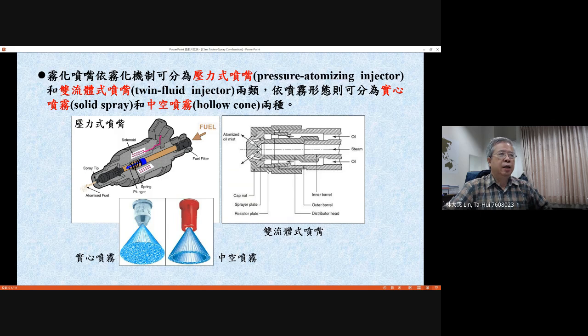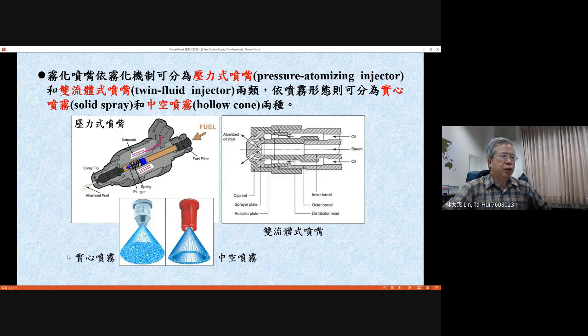These are two typical injectors you may learn. One is the pressurized injector, the other one is the twin fluid injector. However, when you have a spray coming out based on the injector you choose, there are mainly two categories for the spray formation. Here there are the two.